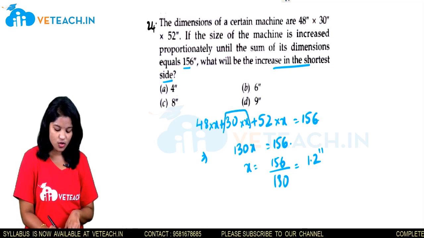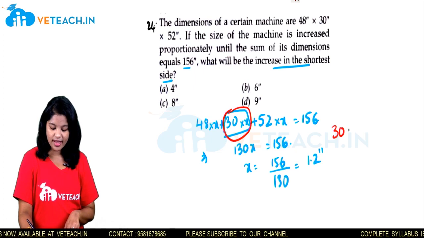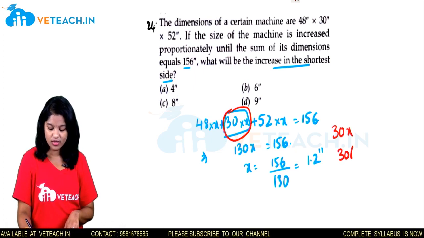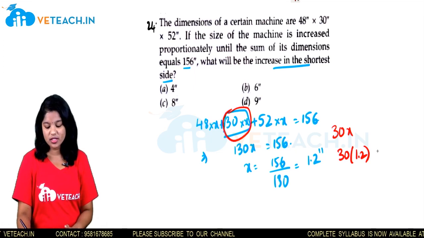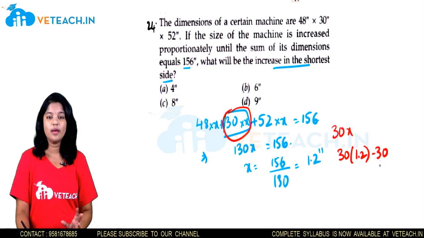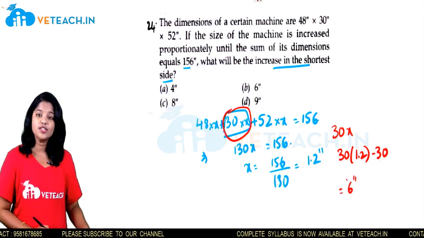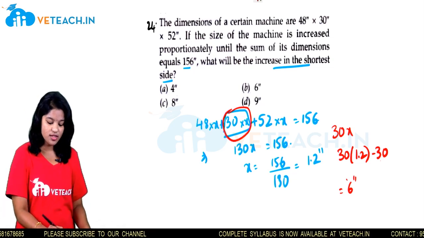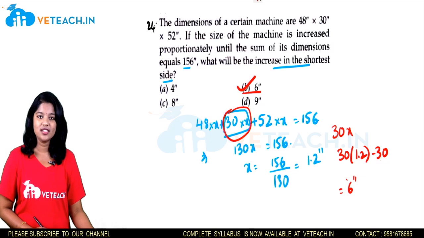Out of these, the shortest side is 30x, that is 30 into 1.2. Its original side is 30, so the difference between these two dimensions will be our increase, that is 6 inches. So option B is our correct answer.